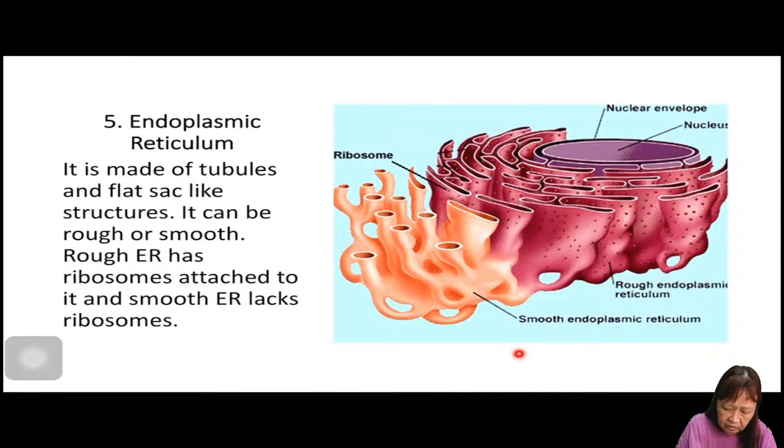So it's like you see here, this one is the rough endoplasmic reticulum over here, and the other one is the smooth endoplasmic reticulum. In the smooth endoplasmic reticulum, you will see that it lacks ribosomes. And in the rough endoplasmic reticulum, you can see the tiny dots there. These are the ribosomes attached to the ER.